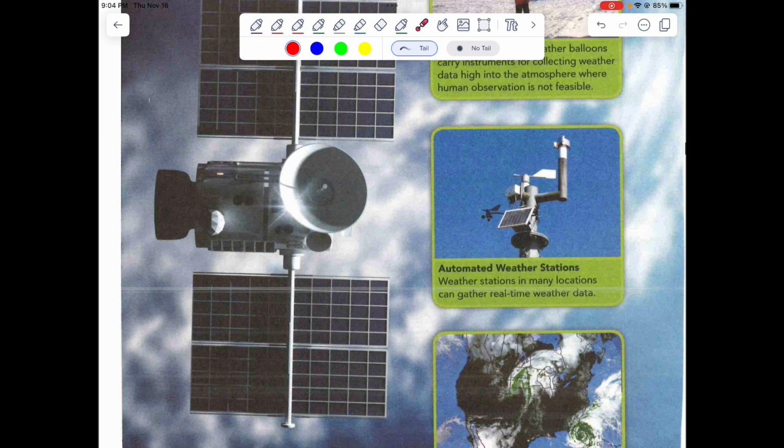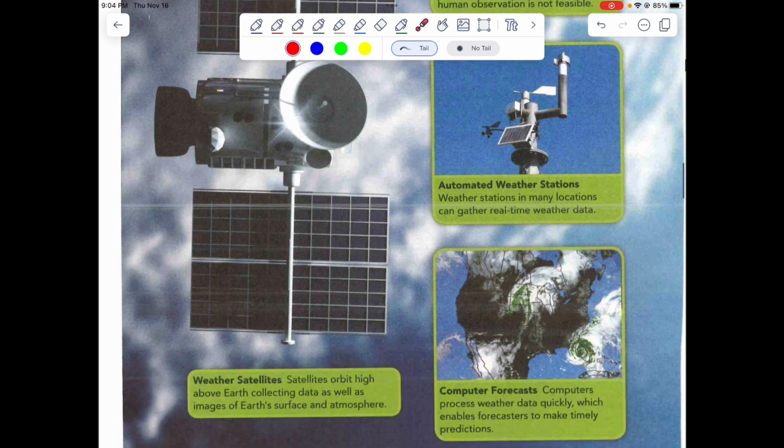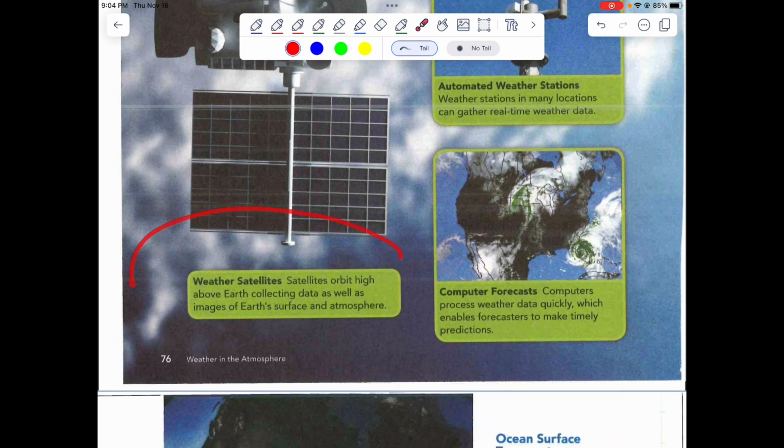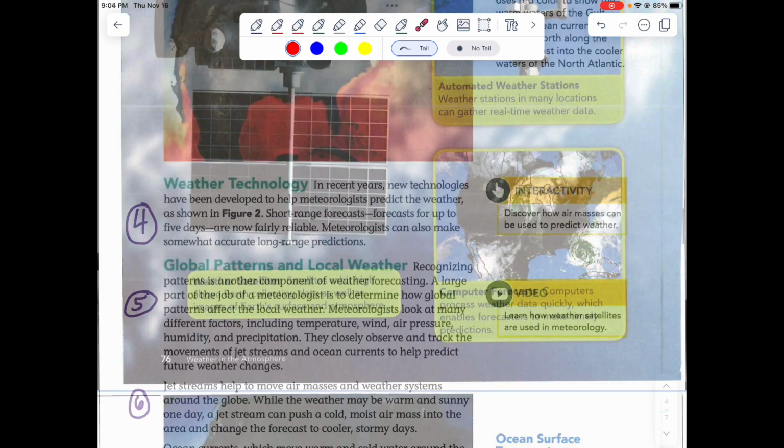Weather stations in many locations can gather real-time weather data. Weather satellites. Satellites orbit high above Earth collecting data as well as images of Earth's surface and atmosphere. Computer forecasts. Computers process weather data quickly, which enables forecasters to make timely predictions.